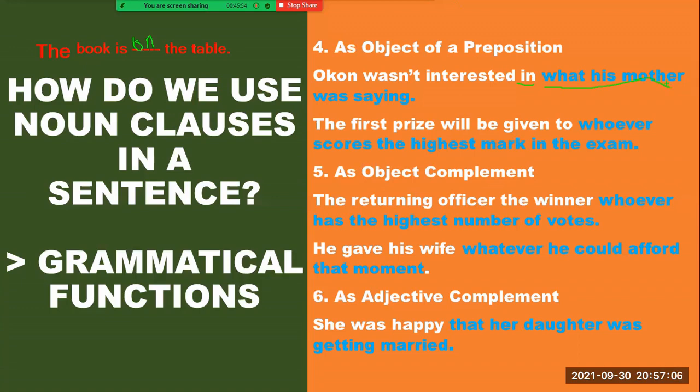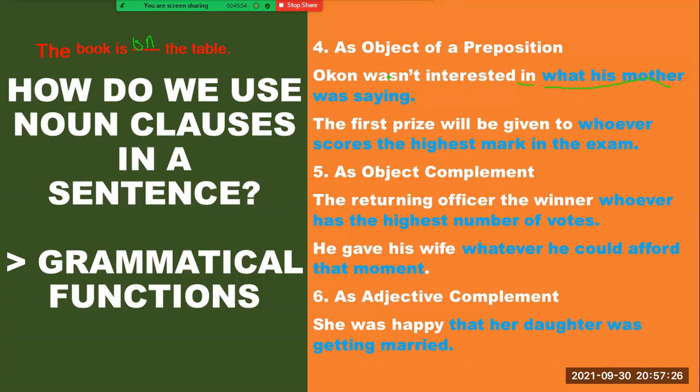So you can see that there is a relationship existing between what his mother was saying and what Okon wasn't interested in. All right? The fact that Okon wasn't interested, and what his mother was saying.